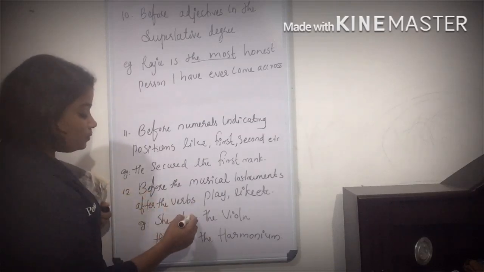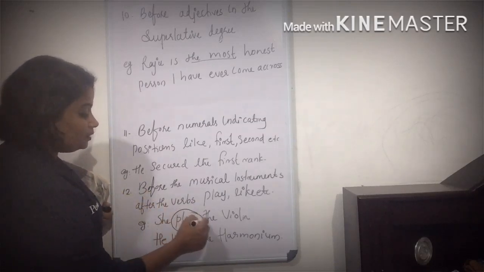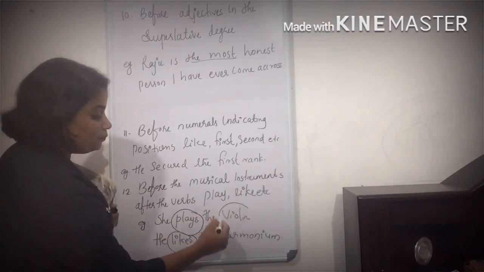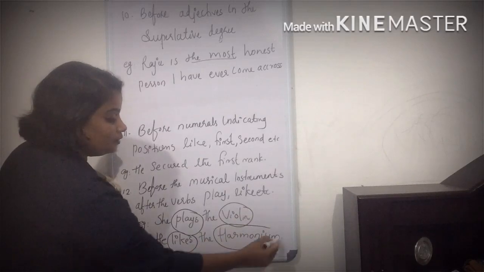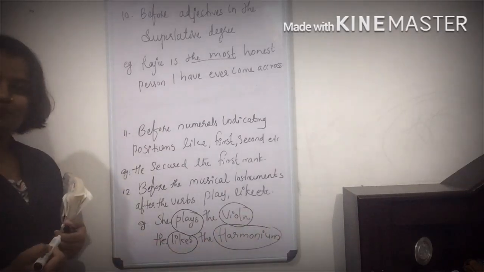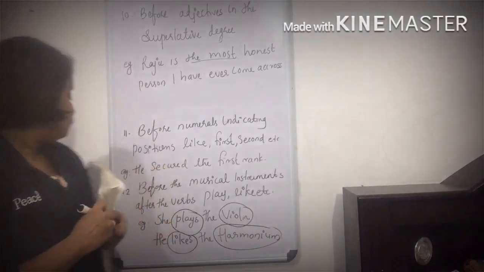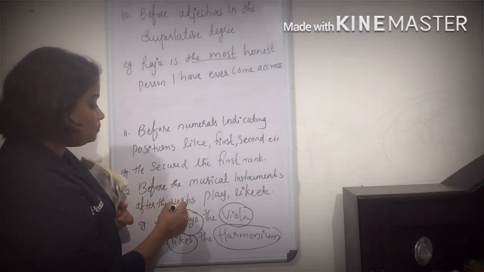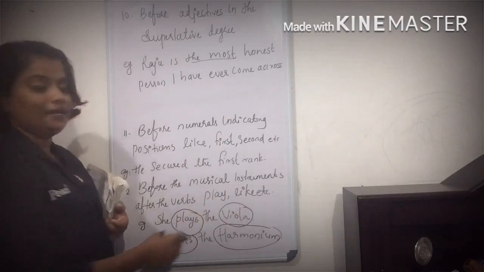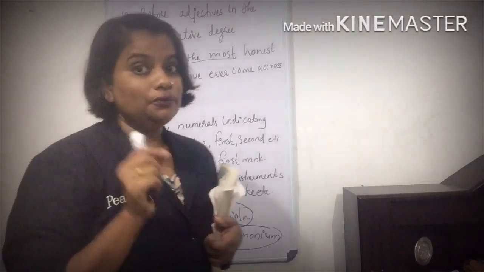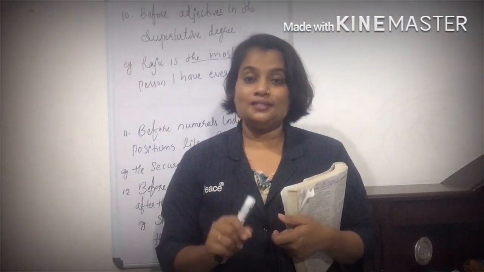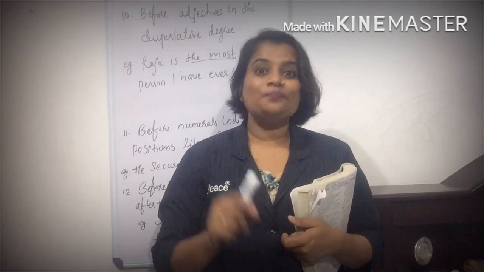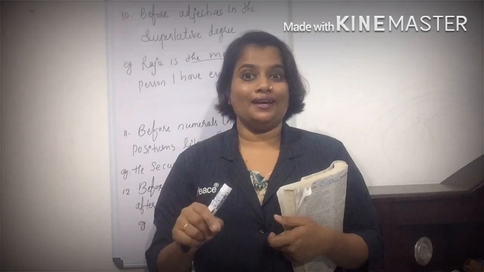In these two statements, you can see it comes after the verbs and before the instruments. So before the musical instruments, after the verbs play and like, you can use the before the name of the instrument.